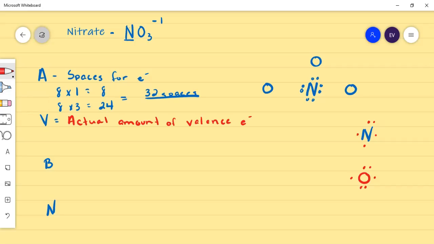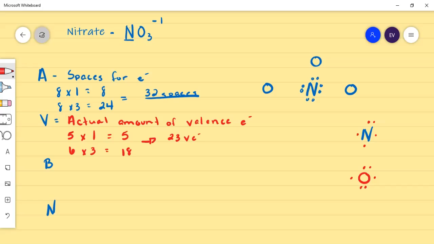Nitrogen has 5 valence electrons, and there's only 1 nitrogen, so that gives me a total of 5 valence electrons for nitrogen. Oxygen has 6 valence electrons. There's 3 of those, so 6 times 3 gives me 18. If I add those up, I should end up with 23 valence electrons.